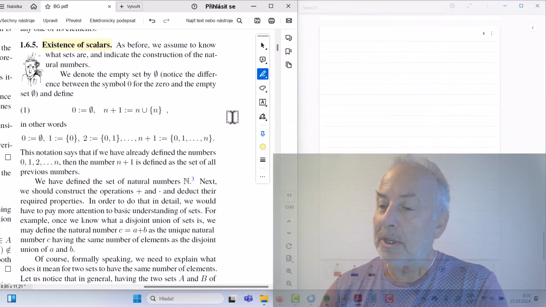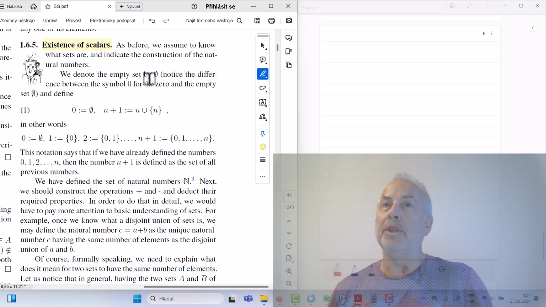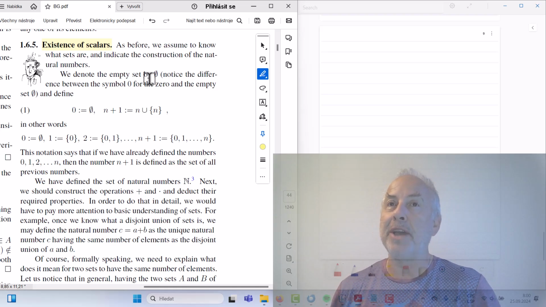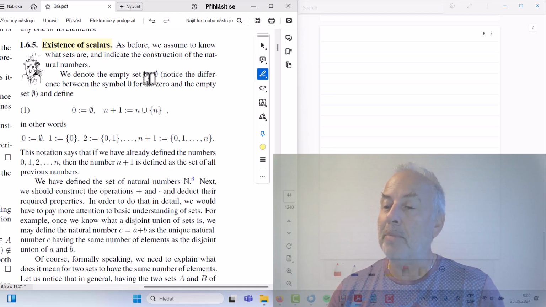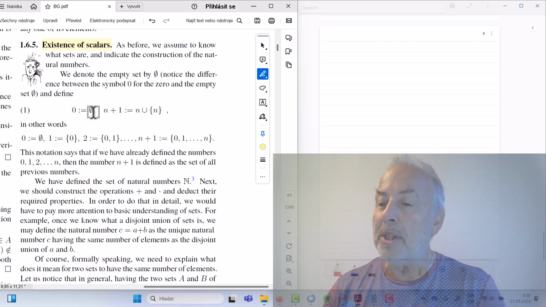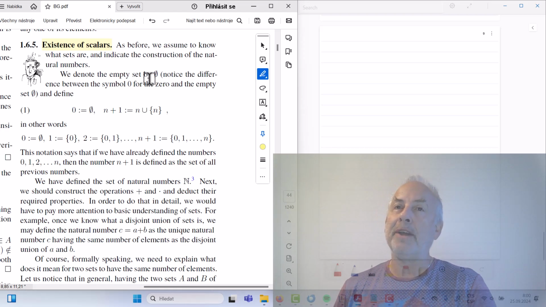So our first thing is to make sure that there are the most natural scalars, and these are the natural numbers, right? And there is a way how to build them, one of many ways, and ours is that we use the language of mathematics and follow the fact that we want to have the naturals as something which counts the number, so how many objects are there in a set, right?